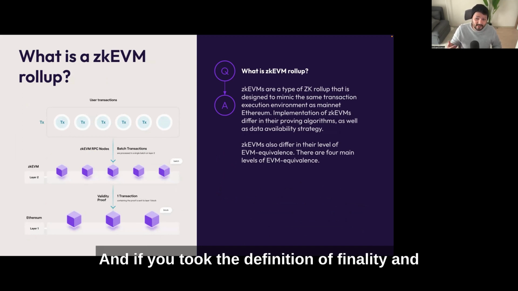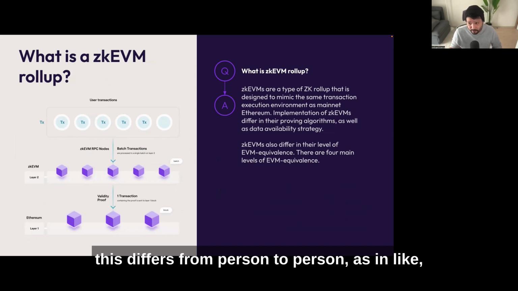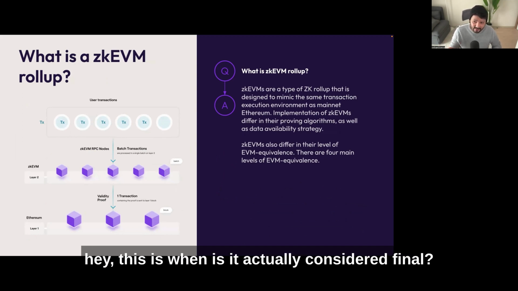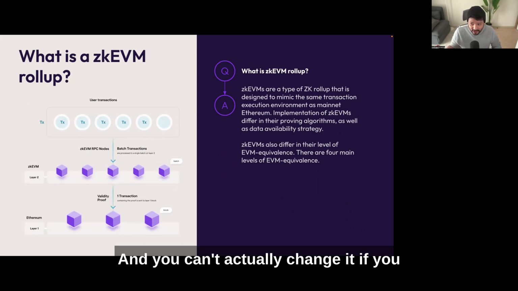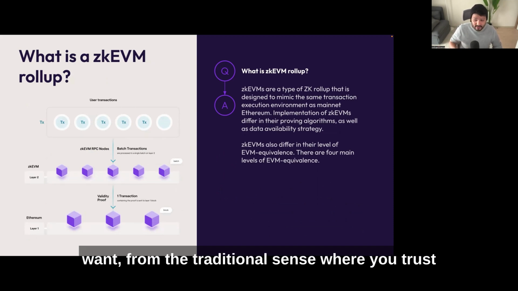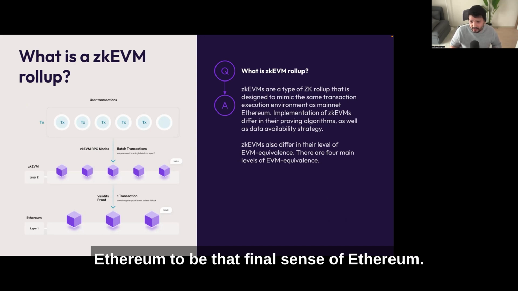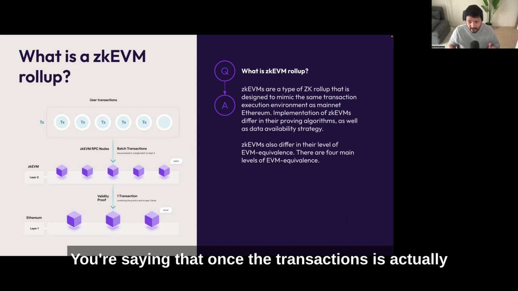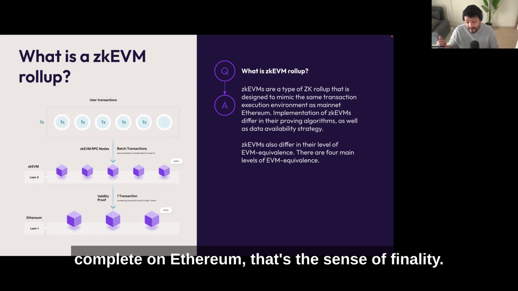And if you took the definition of finality, and this differs from person to person, as in, hey, when is it actually considered final, and you can't actually change it. If you want from the traditional sense where you trust Ethereum to be that final sense of Ethereum, you're saying that once the transaction is actually complete on Ethereum, that's the sense of finality.